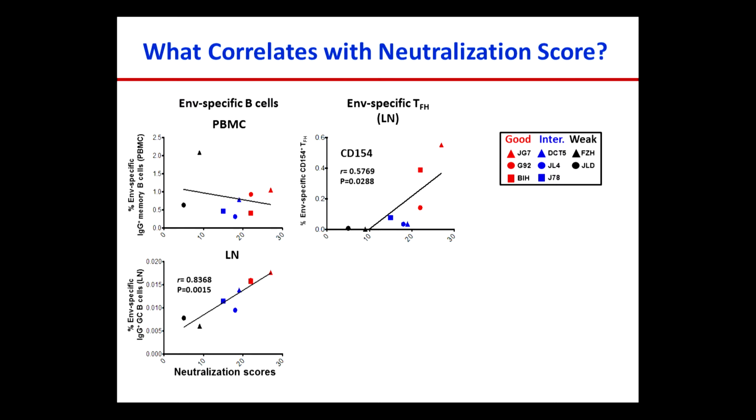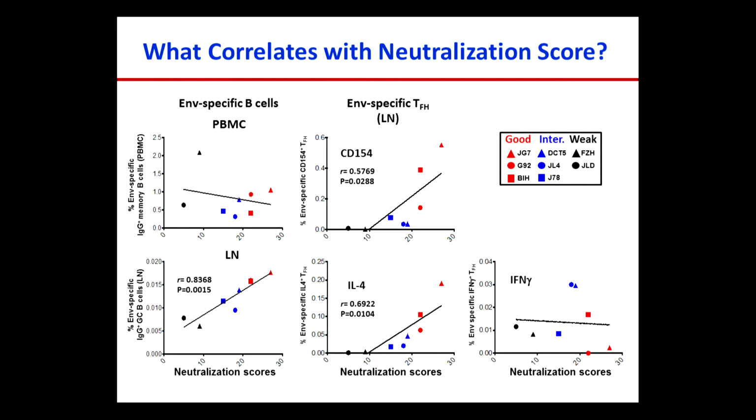That correlation gets much better if you look at a T follicular helper cell type of cytokine such as IL-4. So here you have a better correlation. However, if you looked at a Th1 cytokine like interferon gamma, the correlation was terrible.